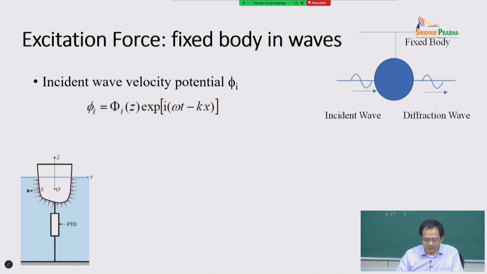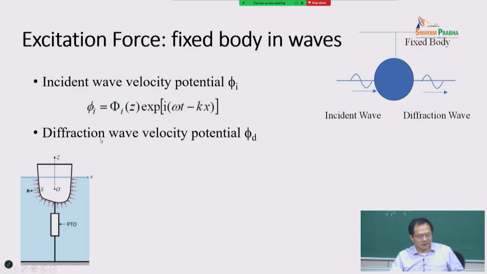How do we understand this excitation force? As I mentioned, the incident wave comes in, and we have a velocity potential φ_I for the incident wave. Then you have the diffraction wave leaving the system, with φ_D, another velocity potential function.